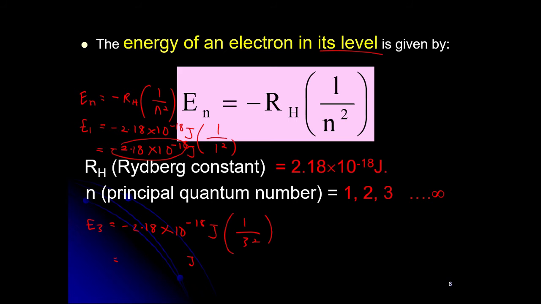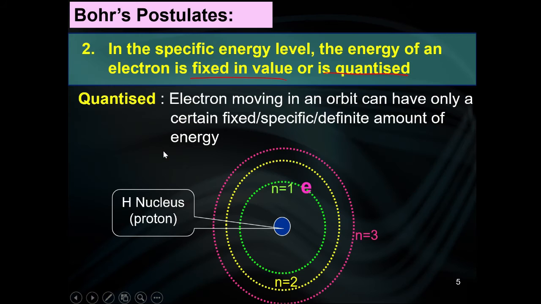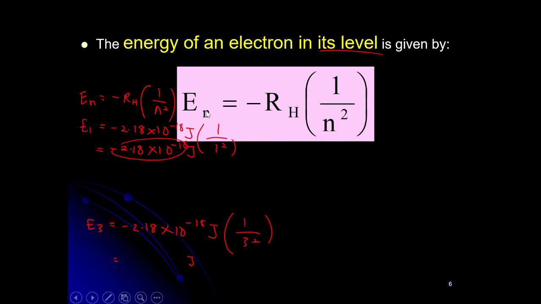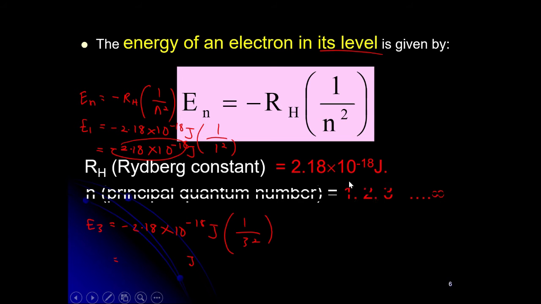Because as we know, the electron experiences attraction from the nucleus. So the further it is located from the nucleus, the lower its energy. So if you want to calculate the energy of an electron at its level, please use this equation.